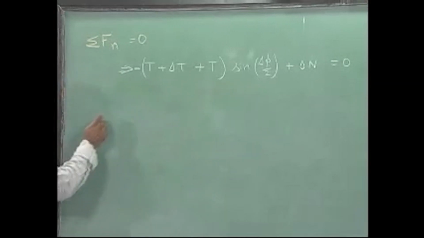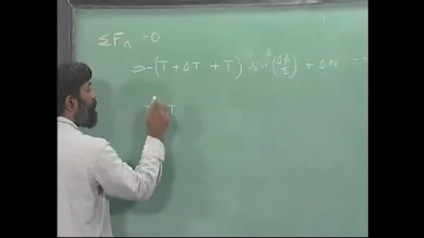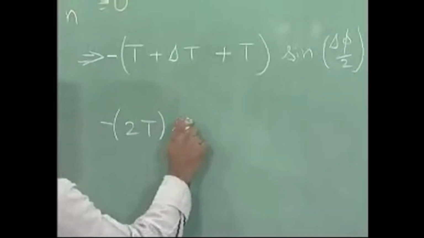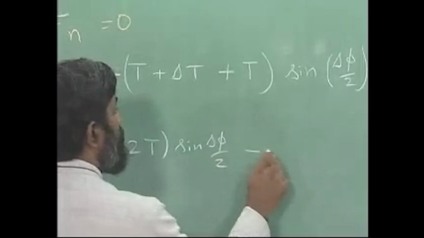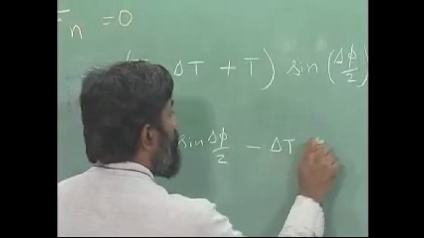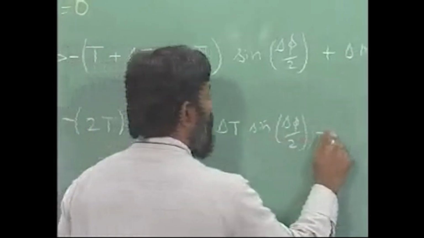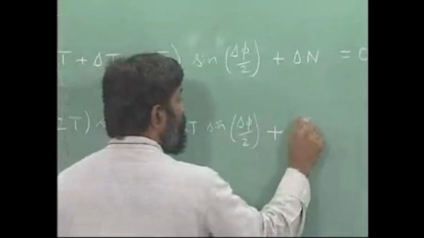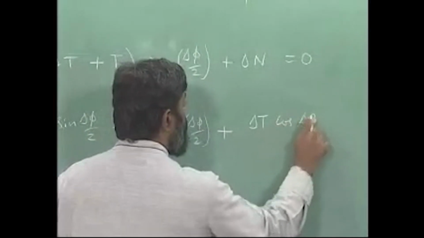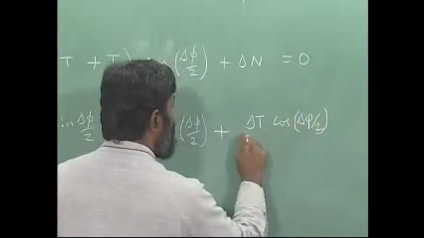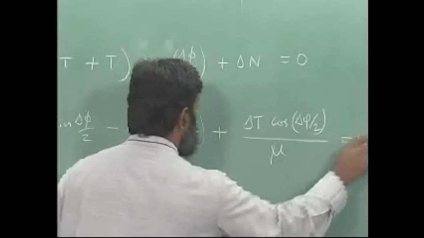So I have minus 2 times T sin delta phi by 2, minus delta T sin delta phi by 2, plus delta T cos delta phi by 2 divided by mu, and this is equal to 0.